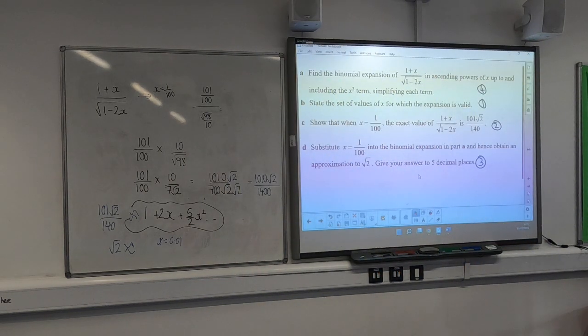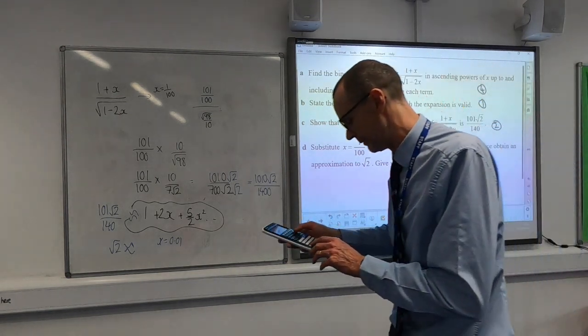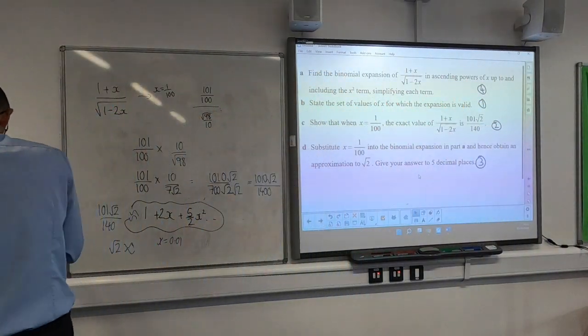I always now do 0.01 arrow x and then just type that in.